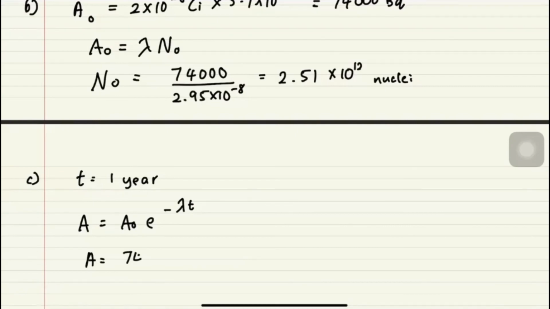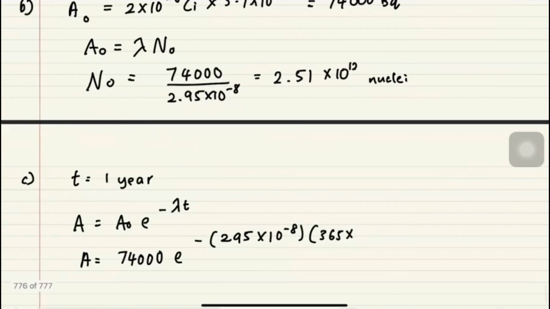So A naught tadi adalah 74,000. Lambda kita dah kira tadi 2.95. Ada times 1 year, so 365 saya nak tukar per seconds lah. 1 tahun dah 365, dah 24 hours multiply with minutes and second.